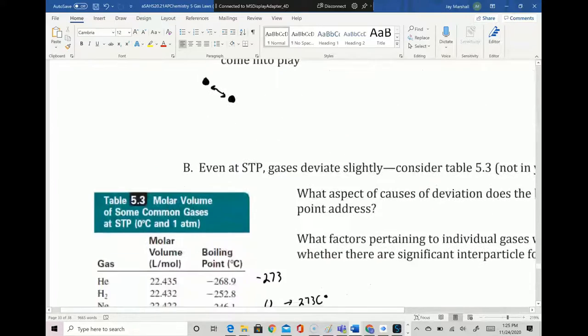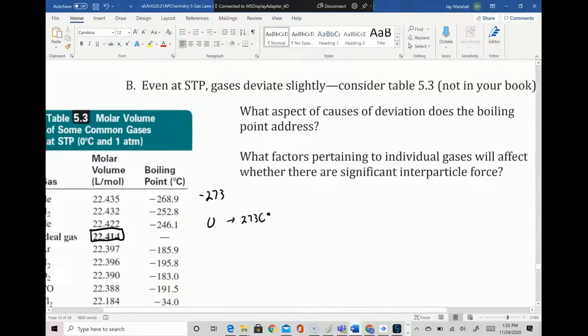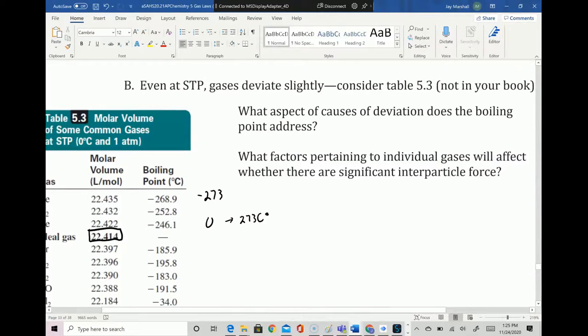Anyway, at standard temperature and pressure, even gases, or most gases, deviate slightly. What aspect of causes of deviation does the boiling point address? That addresses interparticle forces, right? And remember, interparticle forces relate to physical properties, not chemical properties.